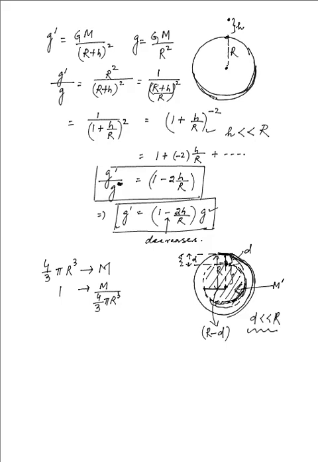This is that radius, and this is simply r minus d, because d was this region over here. So 4 by 3 pi, now the new radius for that new shaded region is r minus d whole cube. So now the mass over there, that is m dash, is simply equal to m divided by 4 by 3 pi r cube, that is the total mass divided by the total volume, multiplied with the given volume, that is 4 by 3 pi r minus d whole cube.